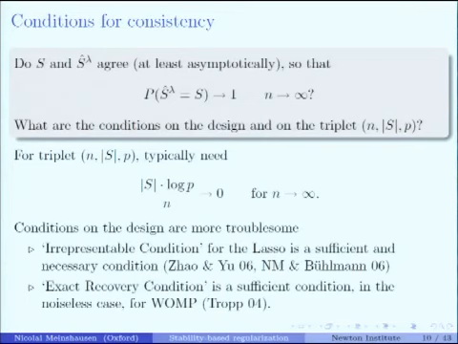I had it in some other paper called neighborhood stability, but it's exactly the same thing. This is a condition you need for that equation to hold, even for a finite sample.